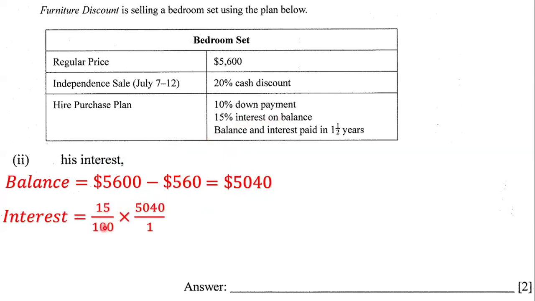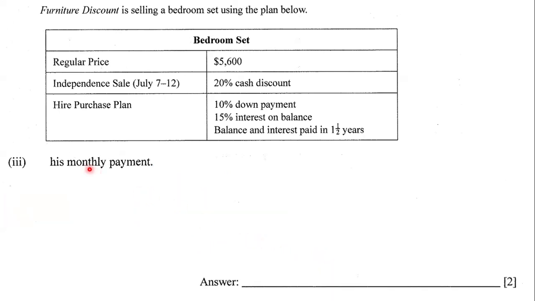So 15 over 100, which is 15%, multiplied by 5,040 over 1. So we say 15 times 5,040, which gives us 75,600. And we say 100 times 1, which is 100. And so we have 75,600 divided by 100, which gives us $756. So that means his interest is going to be $756.